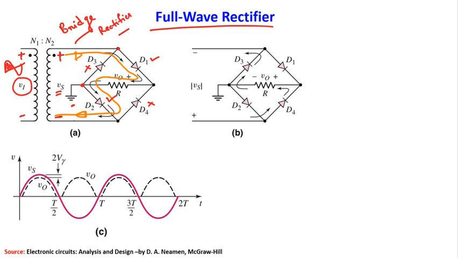So the current flows through this resistor from this side to this side, so obviously this side would be positive, since the on voltage drops across this, and this side will be the negative polarity.